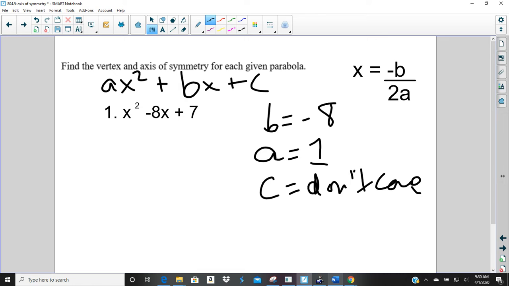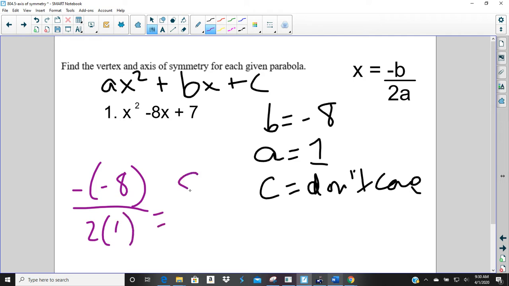So what am I going to do for the formula? I'm going to write it out as negative my b term, negative 8, over 2 times the a term, which is 1. That equals positive 8 over 2, which equals 4. Now, actually, I didn't mean to do this. That previous problem was not the same as this problem.